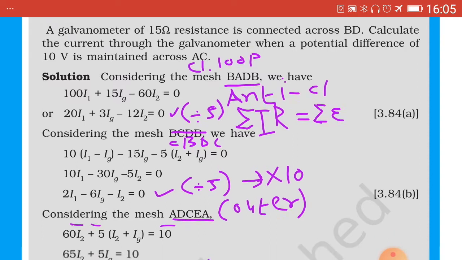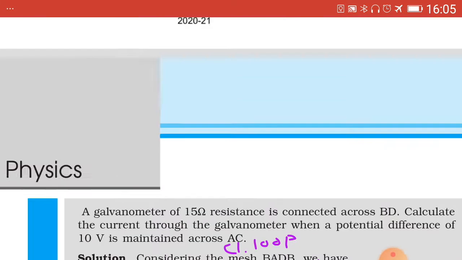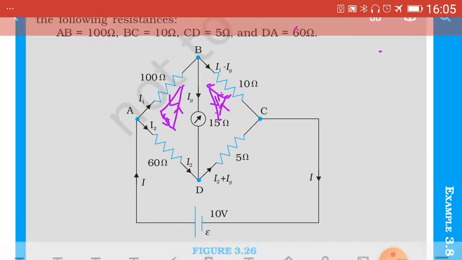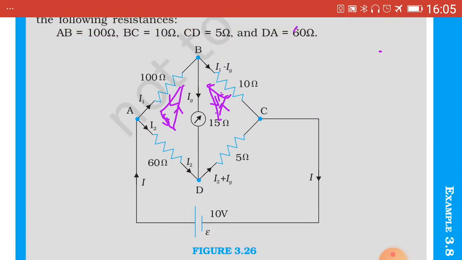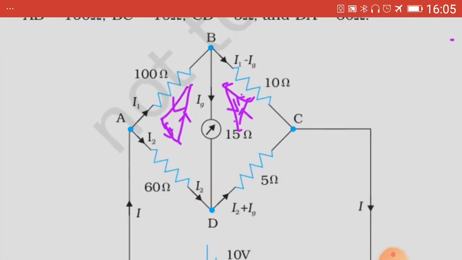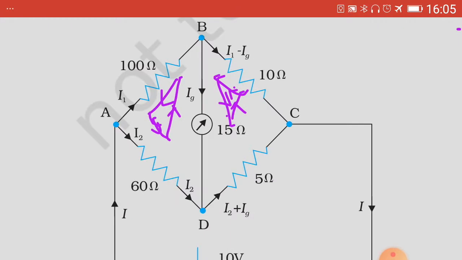Now solution considering the mesh BADB. Mesh means closed loop. Mesh is also known as closed loop. BADB, that is we travel in anti-clockwise direction. Figure is quite clear now.